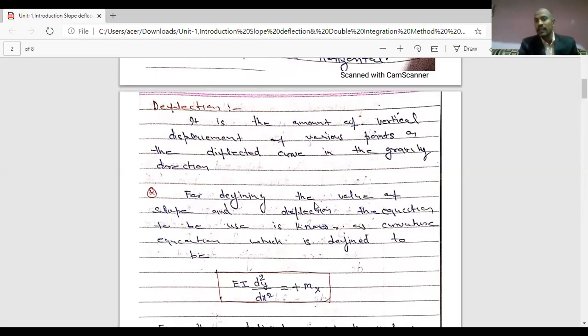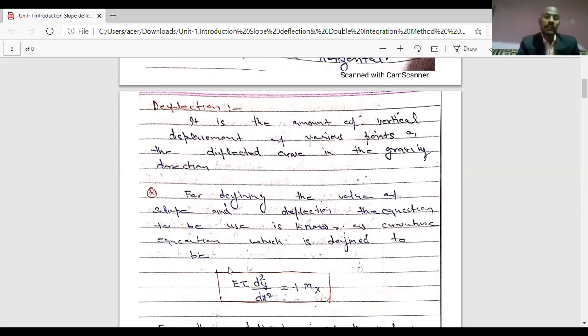For defining the value of slope and deflection, the equation to be used is known as the curvature equation, which is defined to be EI d square y by dx square equal to Mx. That sign is positive, right? If you do not put a sign, we can easily understand that it is the positive sign, right?